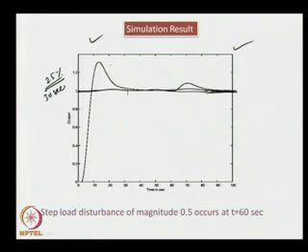So, although the overshoot is a bit higher and the settling time is higher, the rise time is very good. The rise time is approximately 2 seconds or so. So, we have got a very good rise time for the closed loop response.